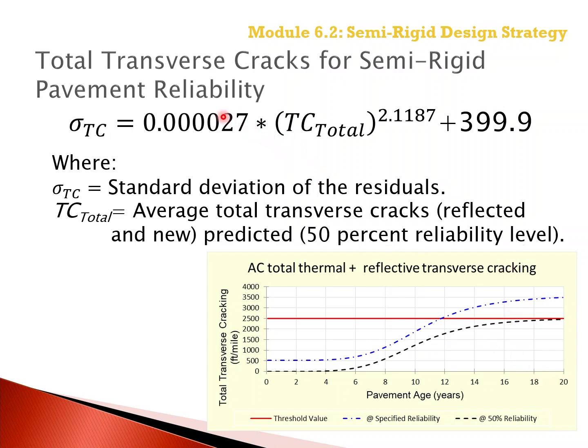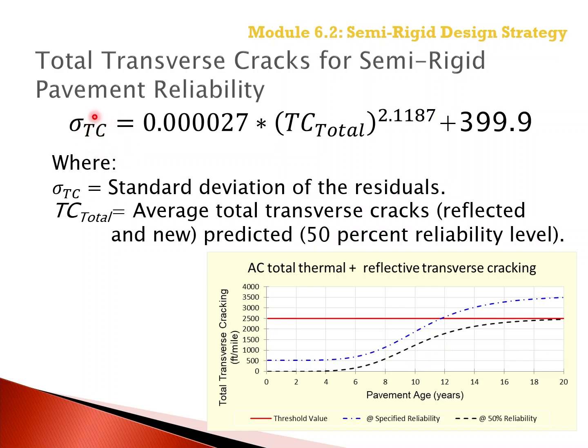So, the transverse cracks, reflection cracking for semi-rigid pavement reliability. Reliability was discussed in detail in Module 3 and how it is applied in the Pavement ME software. The standard deviation of the residuals for the semi-rigid pavements for transverse cracks is displayed on this slide. The standard deviation of residuals is used to determine the reliability as related to the transverse cracks of semi-rigid pavement.